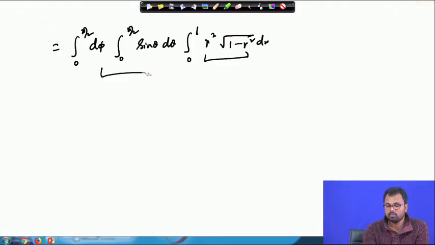Calculating the other two would not be difficult. This one is basically pi by 2 and this one is minus cos theta. So, cos pi by 2 is 0, and this basically will give us 1.